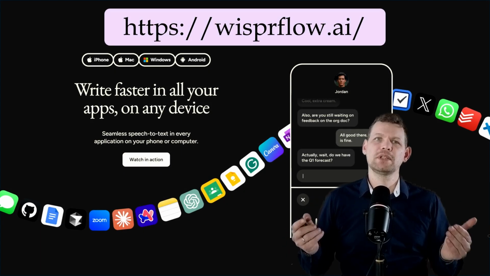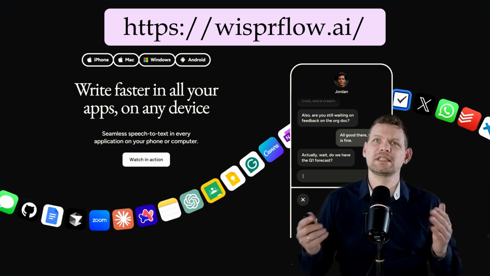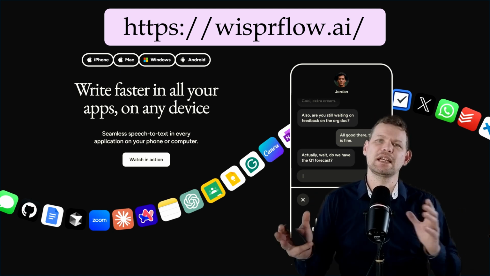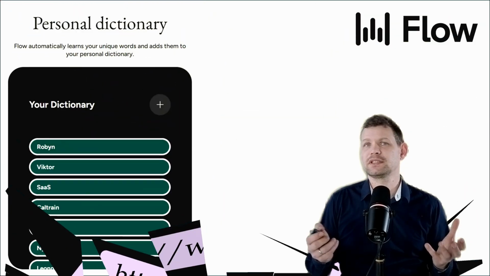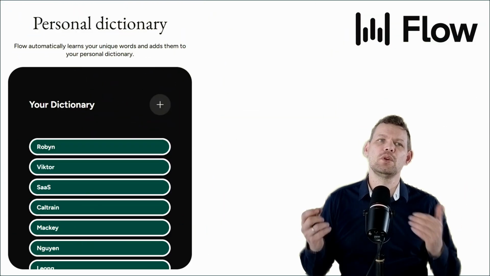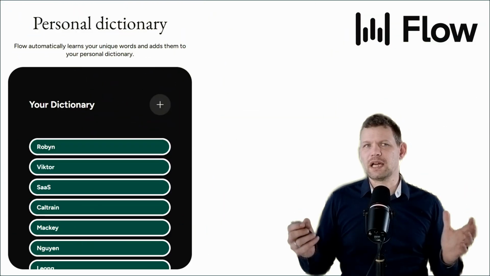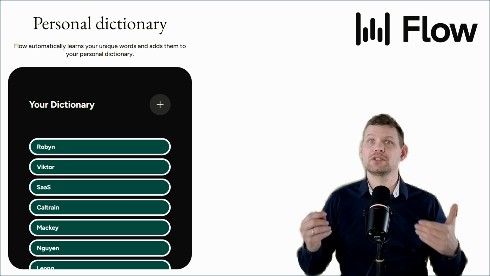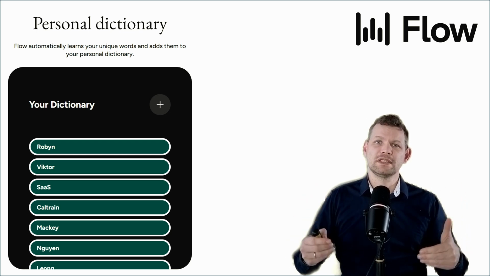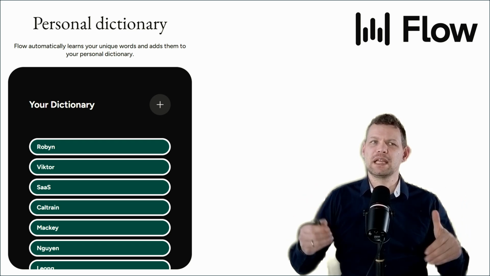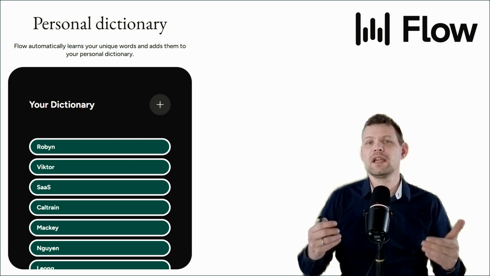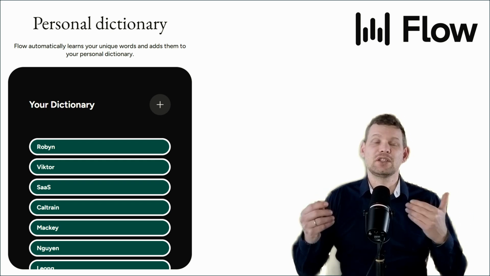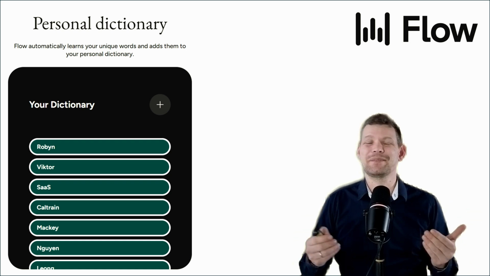So Wispr Flow can do a few things that are a little bit different from the other ones. If we need it, that can speed up productivity a little bit. It's more with the personal library, the personal dictionary. So we can put words inside. If it keeps spelling my name wrong, then I can put my name into the dictionary. And that means that I don't need to correct it every single time.